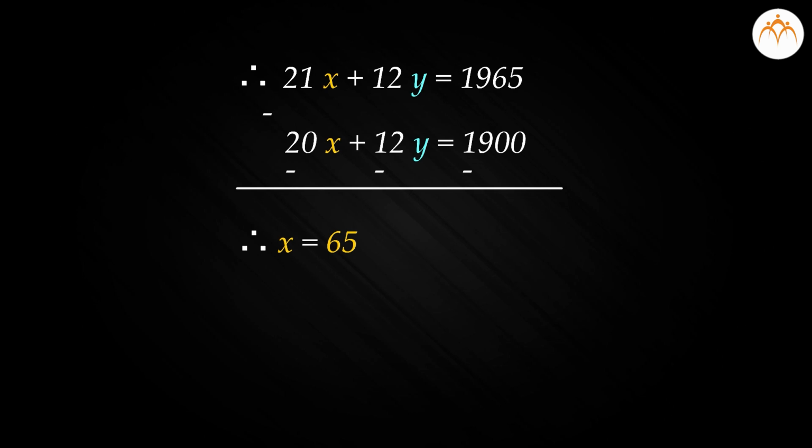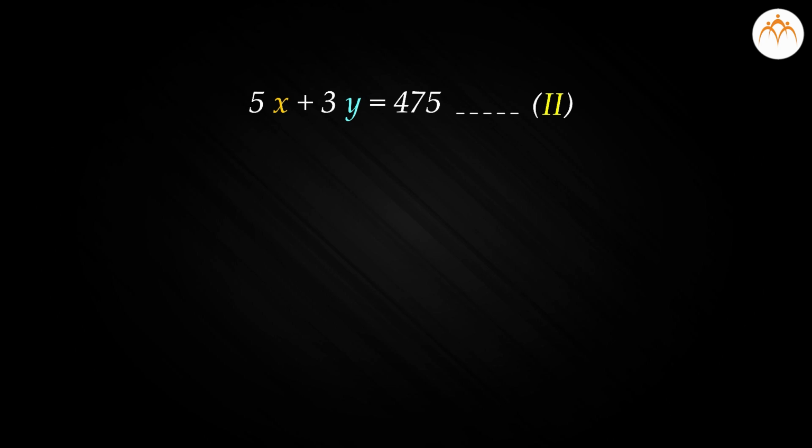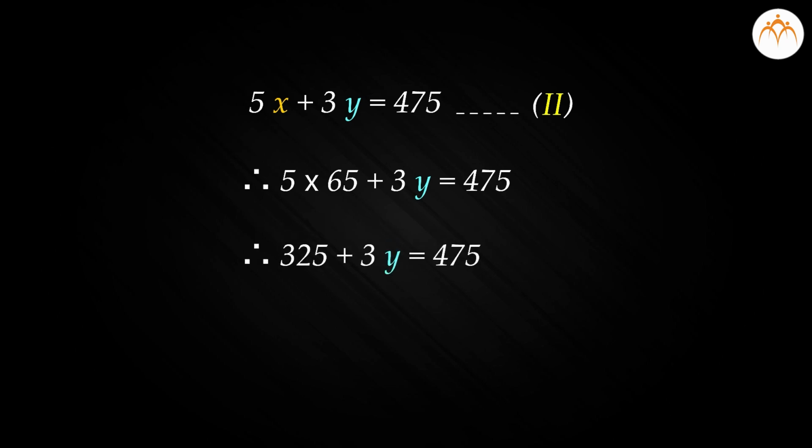Now let's substitute the value of x equal to 65 into equation 2. 5x plus 3y equal to 475. Therefore, 5 into 65 plus 3y is equal to 475. Therefore, 325 plus 3y is equal to 475.